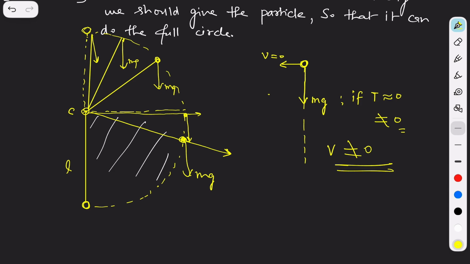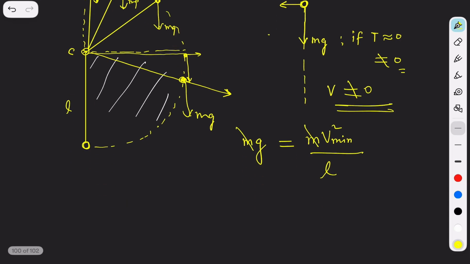Using this idea, mg should be equal to mv square by l for the minimum velocity at the topmost point to fulfill the centripetal condition. The m cancels, and using this, the minimum velocity needed is under root of gl. Here we are assuming that the tension is almost equal to 0, meaning the string is just about to slack.